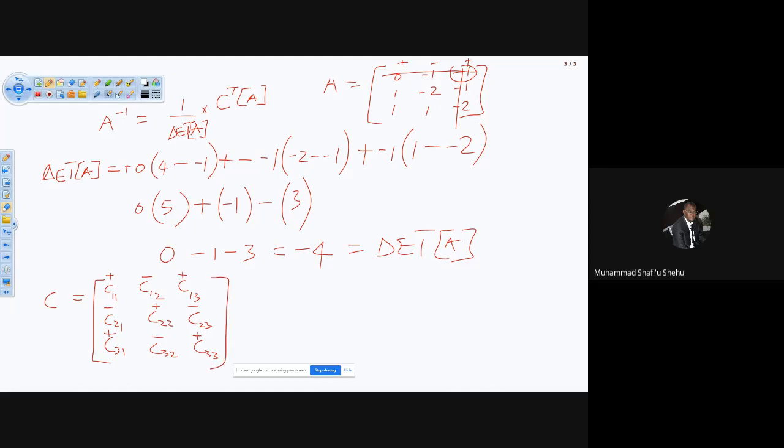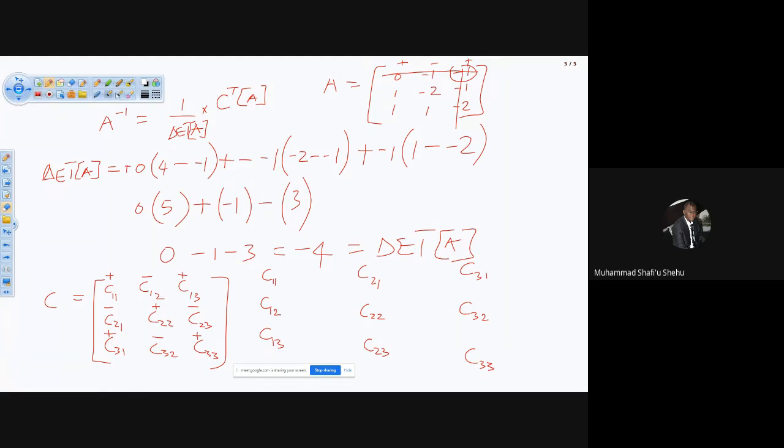So now we have to look for C11, C12, C13, C21, C22, C23, and then C31, C32, and then C33, and substitute back into that cofactor matrices.